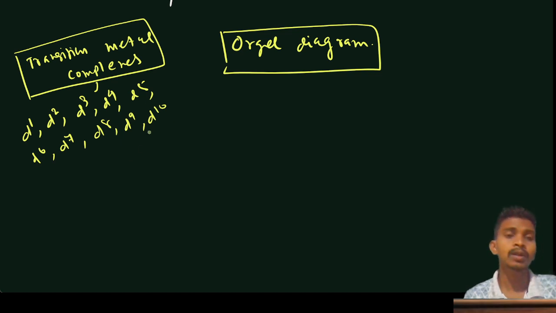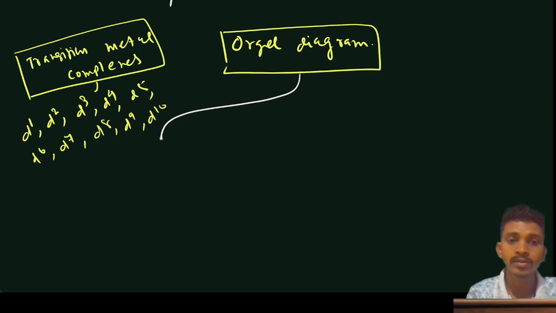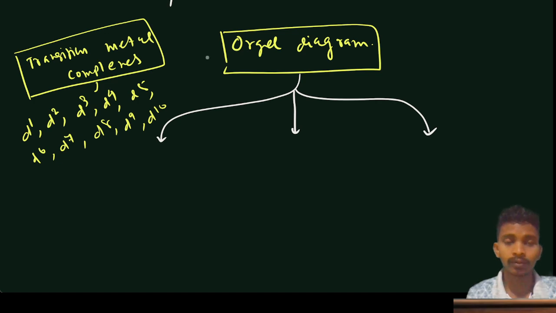Now we will divide these Orgel diagrams into 3 parts, considering which d orbitals they use. So there are three ways Orgel diagrams can be drawn: first type, second type, and third type. The first type of Orgel diagrams is for d1, d9, d4 and d6.